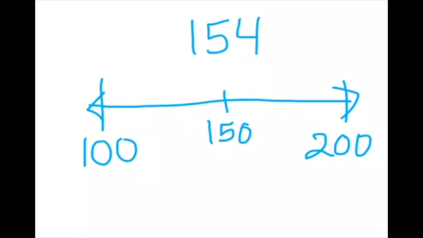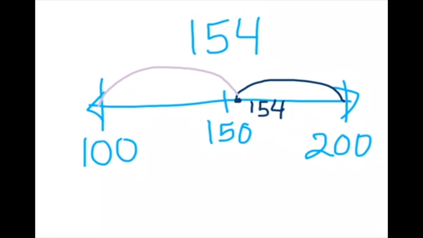And oh my goodness, 154, that's going to be really close to 150. But it should be a little bit after. So I'm going to mark that maybe like right there. And that's where 154 will go. So is 154 closer to 200 or is it closer to 100?